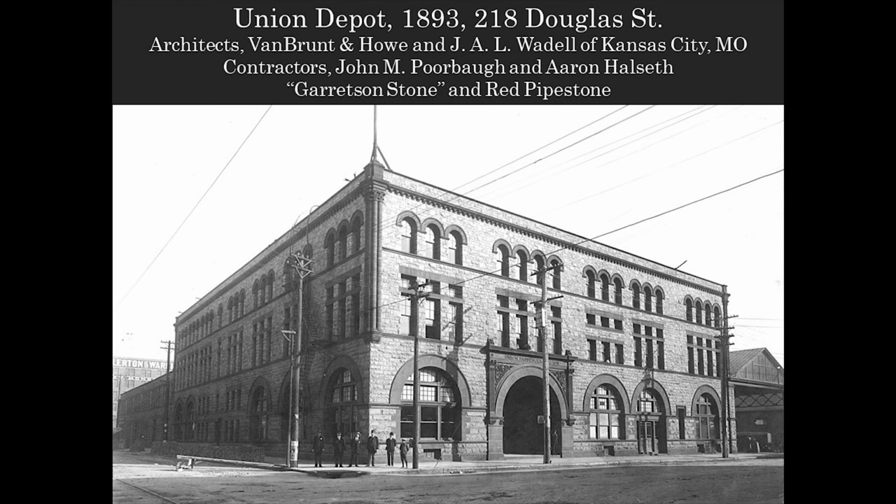And again, like we saw way back with the Poorbaugh house, you can see just a little bit of variation in the color. The arches on this building are just a little bit darker than the field stone. So the field stone was probably a lighter colored stone, and that red pipestone decoration was really a contrasting element.